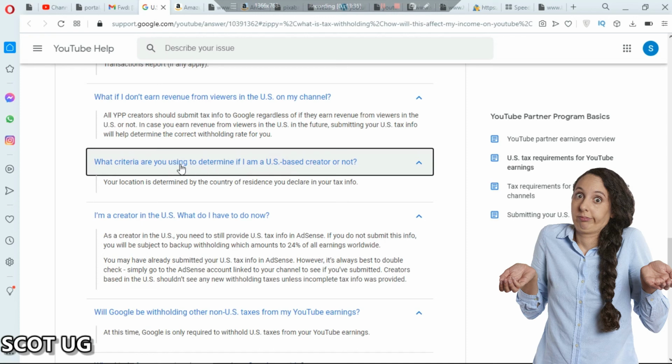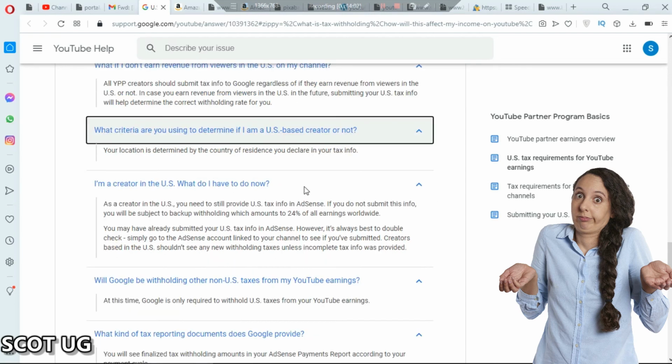Which criteria are you using to determine if I'm a US based creator or not? Your location is determined by the residence you declare in your tax information. Remember, as you were submitting your payment info in AdSense, they sent you an email which you picked, and it confirmed that you're based in that country.